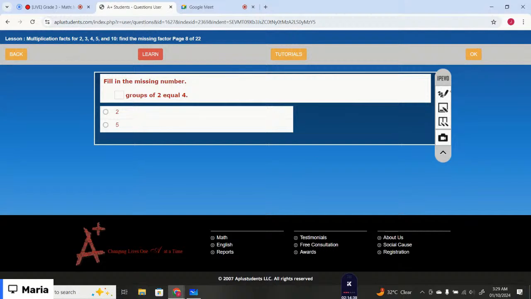That is 2 times 2 is 4. Option number 1 is the correct option.